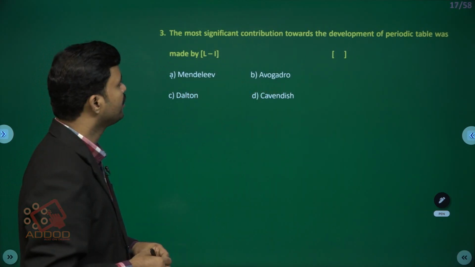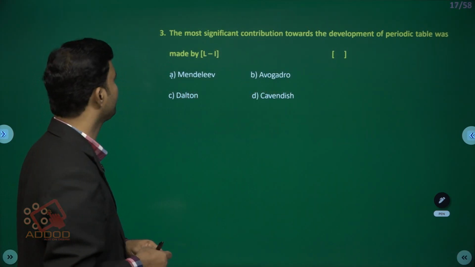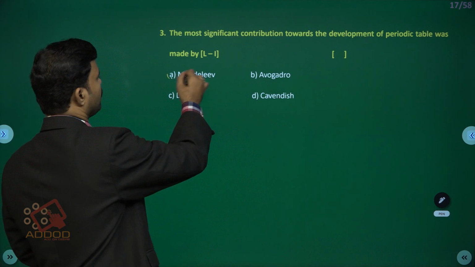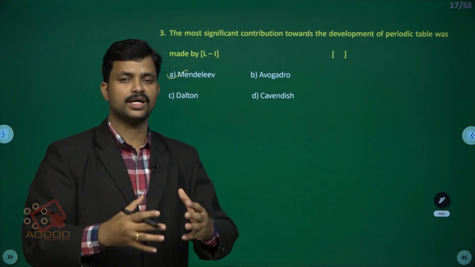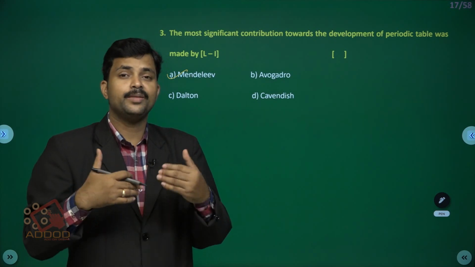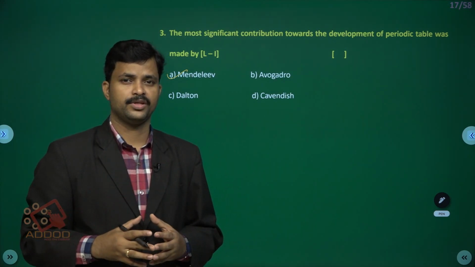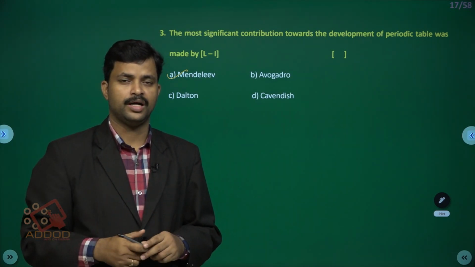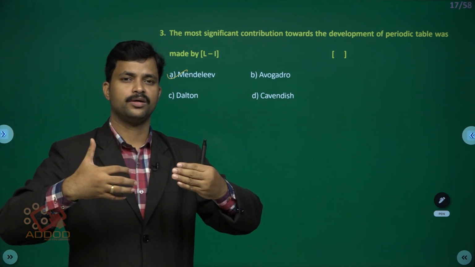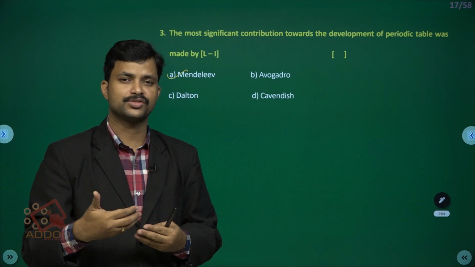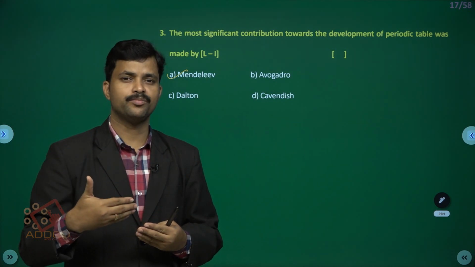The most significant contribution towards the development of the periodic table was made by whom? Most significant work: many elements were covered and organized in an order, and many more properties of elements were covered, like valency, oxidation state, melting point, boiling point.